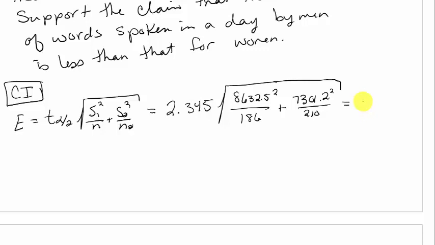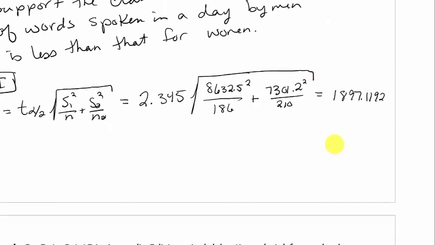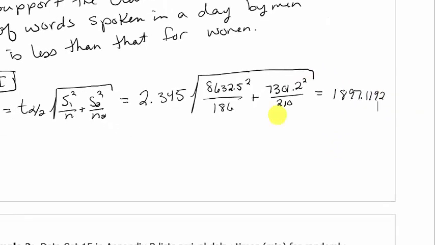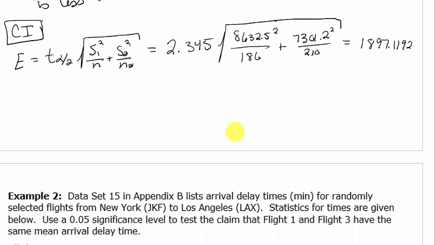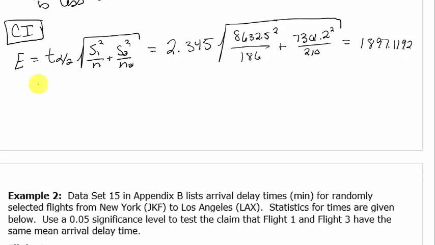Computing this on your calculator, you should get 1,897.1192. So now I need to subtract that from the difference above and also add it. So the numerator from our calculation above was negative 546.5. We want to subtract this 1,897.1192.